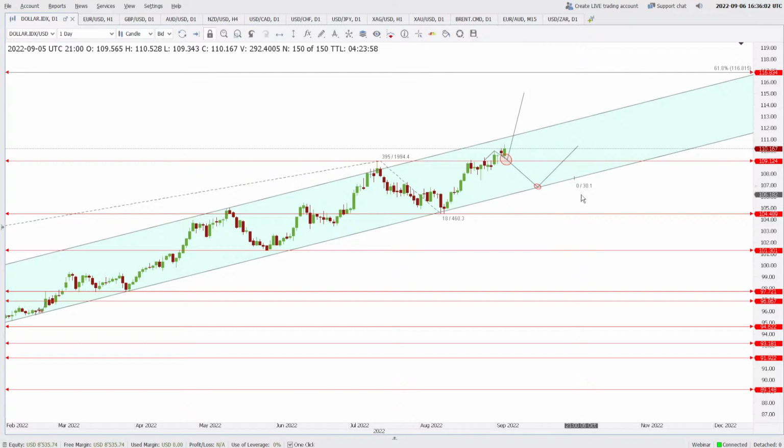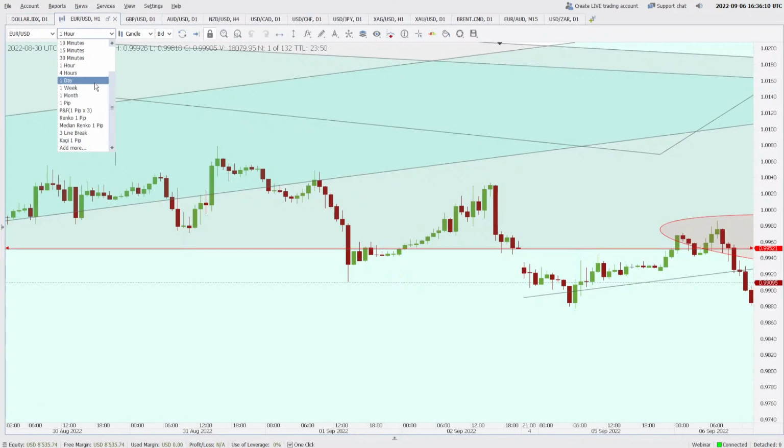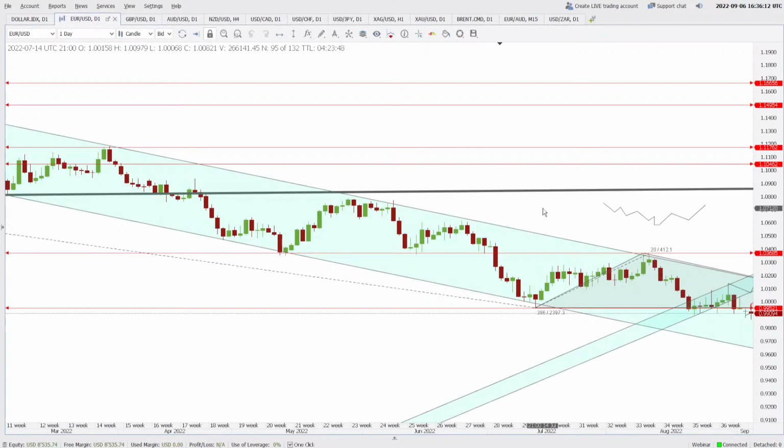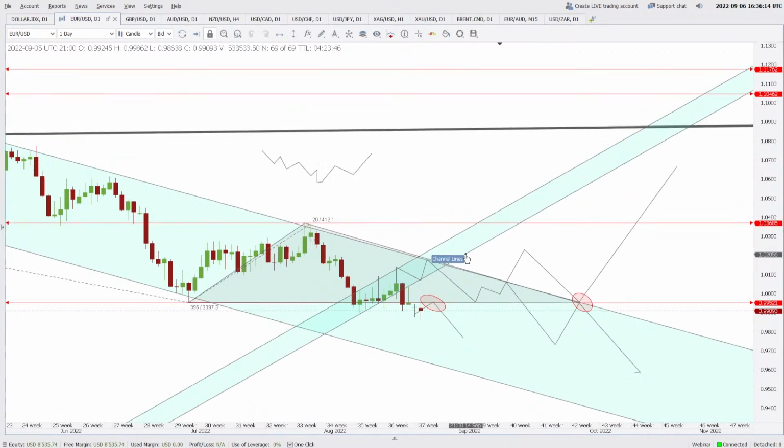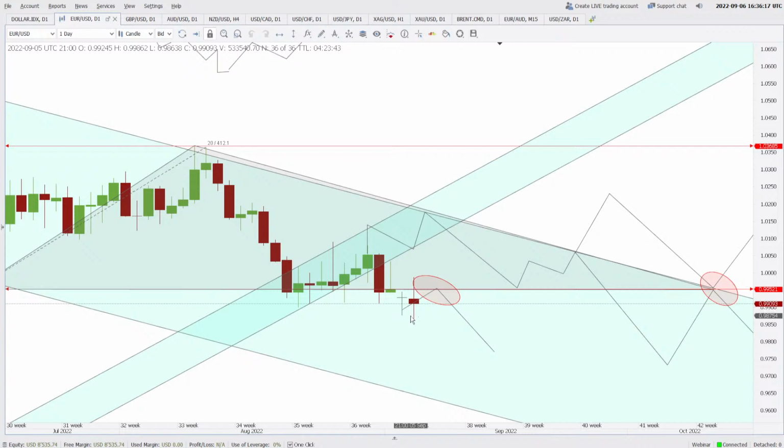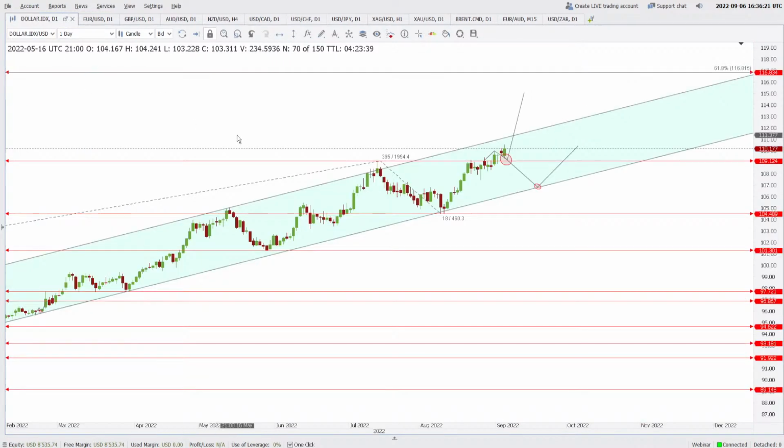Now the euro has been performing well with respect to the dollar. Why? Because the euro is already at the support zone. Actually it reached 0.9952 today. I mean, it retested that level again on the 4 hourly. I will show you. First let me tell you the levels: 109.12 on the lower side and 116.83 on the upper side for the dollar index.